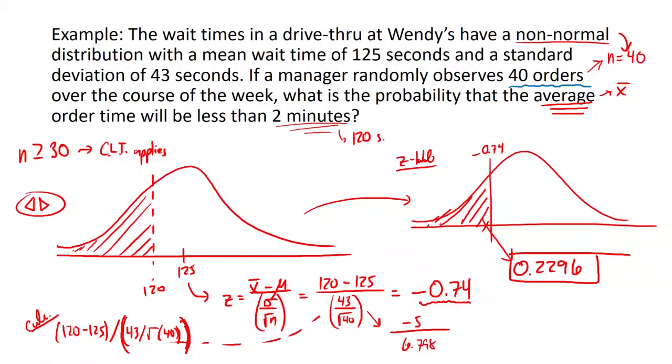Yes. So you could do the denominator separately from the numerator, and then do the division. 5 divided by 6.798, and that'll get you back to the right answer too. Yeah, because it's like 0.736.